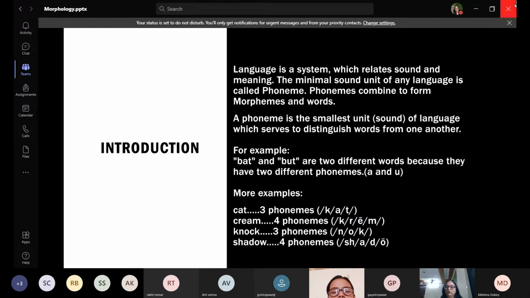So a word is composed of phonemes. Now these phonemes, they combine to form what? Morphemes and words. Now cat is one morpheme, one word, one morpheme. But cats is two morphemes, one word. Right? It becomes clear as we go further.